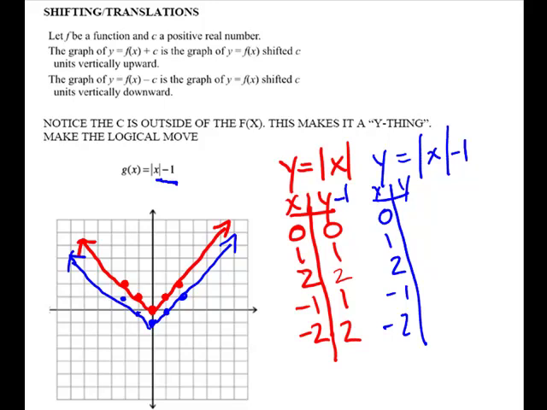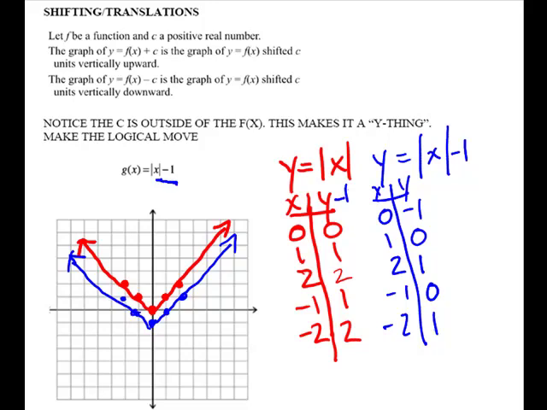So 0 minus 1 will be negative 1, 1 minus 1, 0. 2 minus 1, 1, 1 minus 1, 0, and 2 minus 1 is 1. And we can verify those. So 0, negative 1, 1, 0, 2, 1, negative 1, 0.